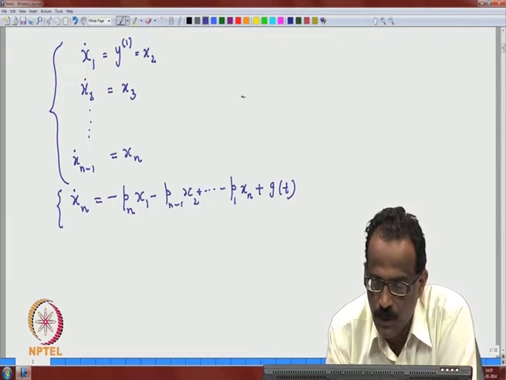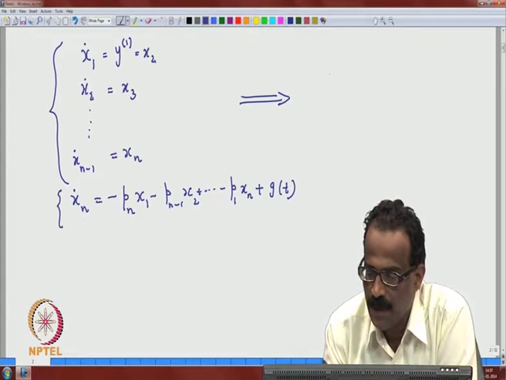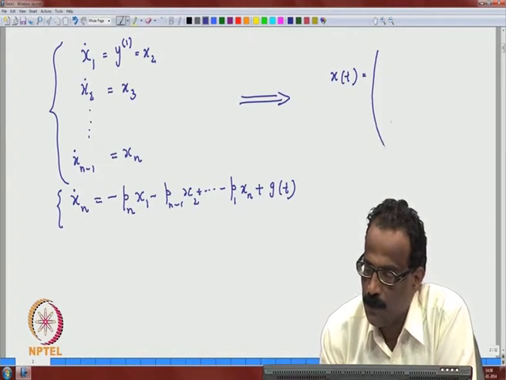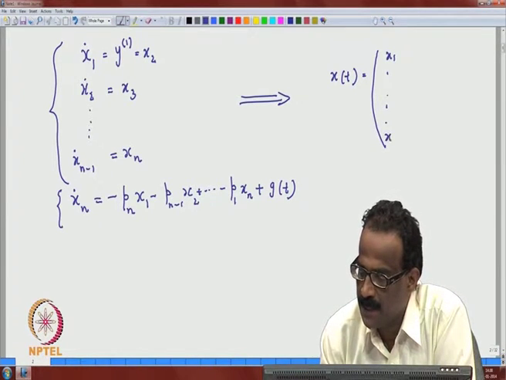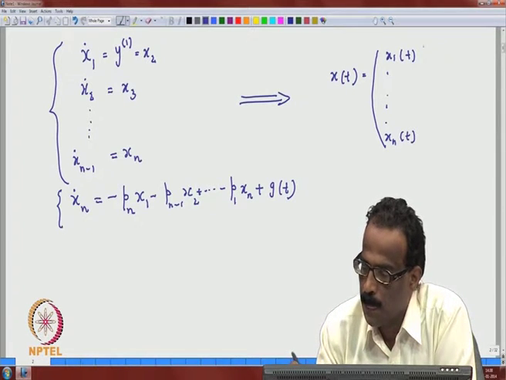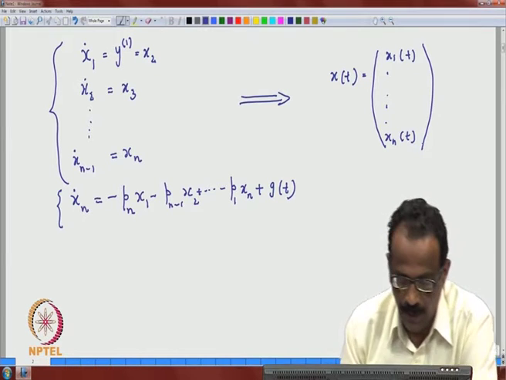So, if you put this together and define x(t) equal to x_1, etc., x_n, all evaluated at t, you can write down your equation.